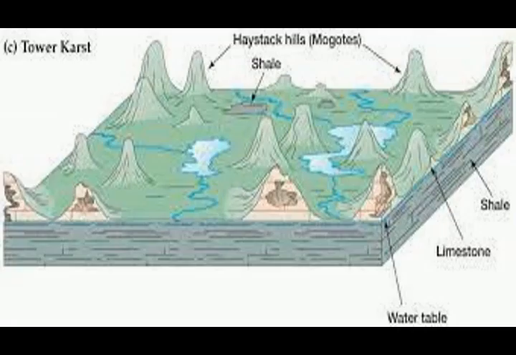Here we have a diagram showing them as well, and you have rivers flowing in between, and the rivers play an important role in them being eroded and being isolated as they are.